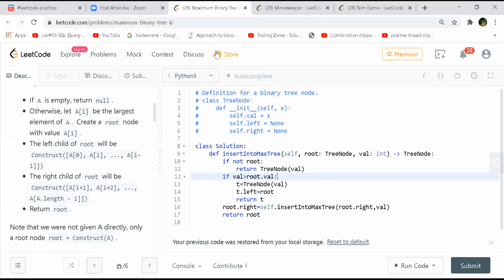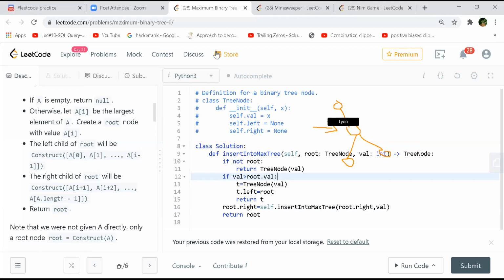So, any other approach? Let me try to annotate it. Let's see, you are somewhere. It happens that you need to insert the new node here.